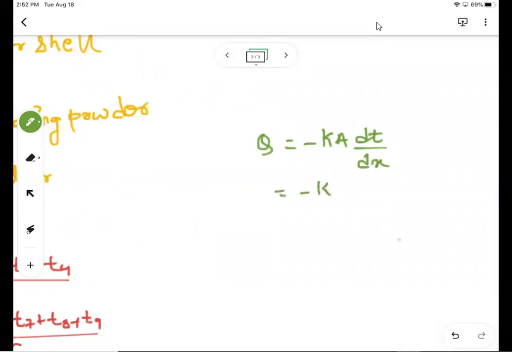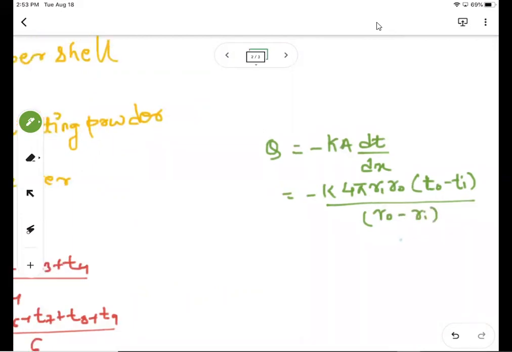I can also write A as the area, which is 4 pi Ri Ro. dT is the change in temperature, so T at outer minus T at inner, upon dx. dx would be the difference in the radius, that is Ro minus Ri. Okay, I hope it is clear till here.